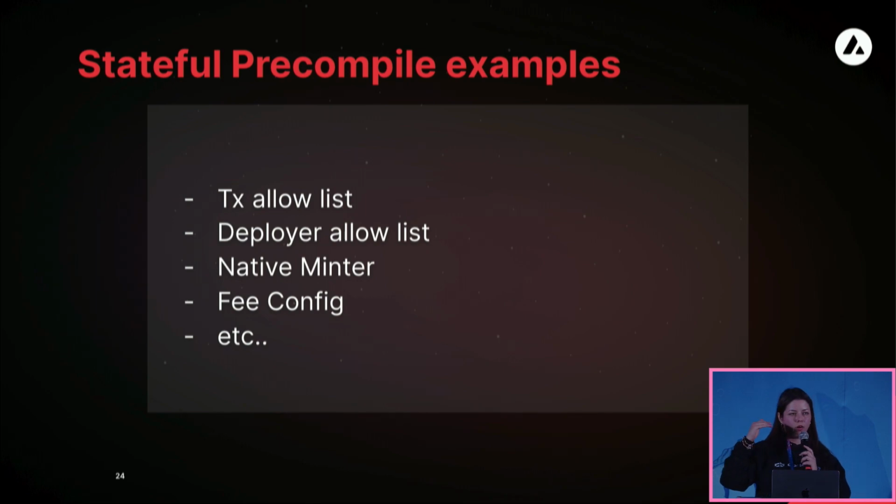Instead of having the allow list at the application level, you can say, I don't want anyone to deploy, I don't know, a marketplace or an NFT on an institutional chain that doesn't have anything to do with that. So you can let everyone participate, but not everyone can deploy a contract on the chain. That way you can restrict how the block space is going to be used for your specific application.